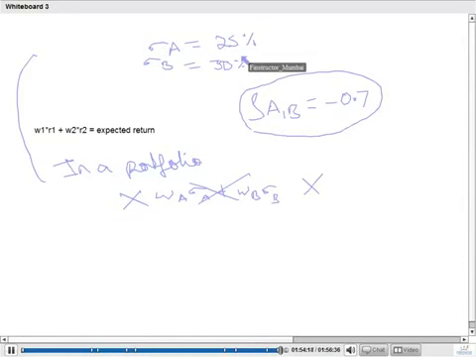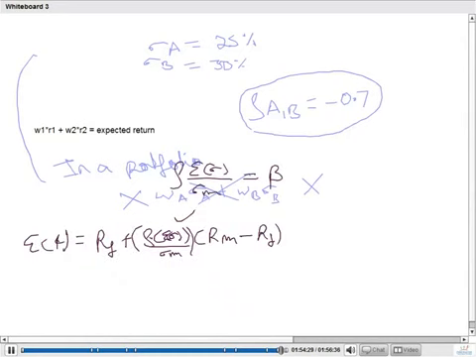It says that the expected return will only be given by the systematic component of risk, or you need to multiply this by correlation, such that the expected return according to the capital asset pricing model is the risk-free rate plus beta times Rm minus Rf. Beta is also called the sensitivity of the stock returns to the market returns.